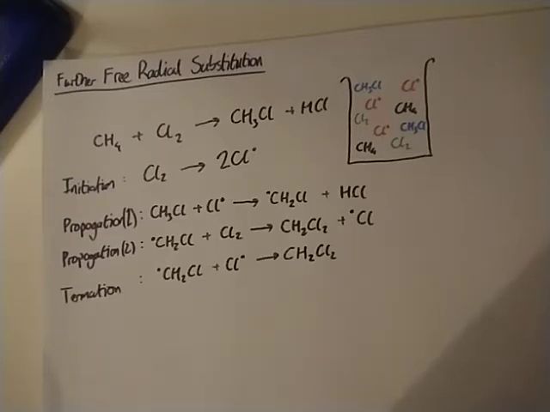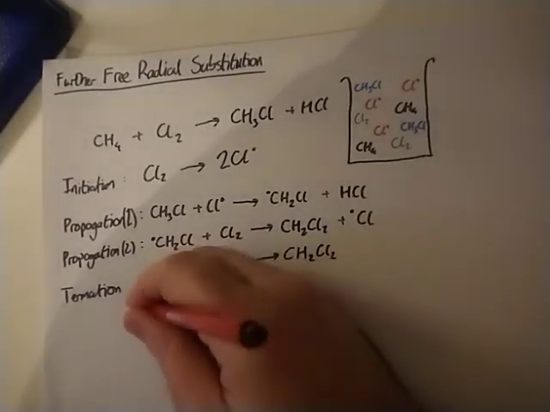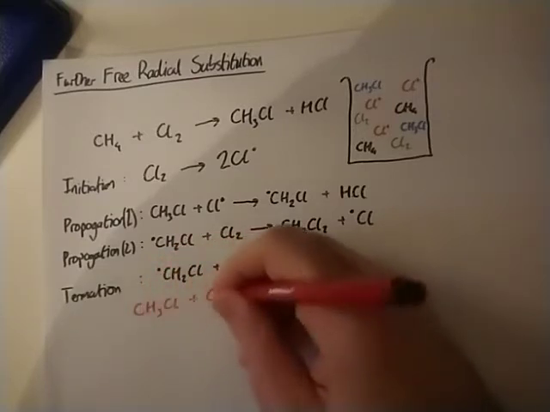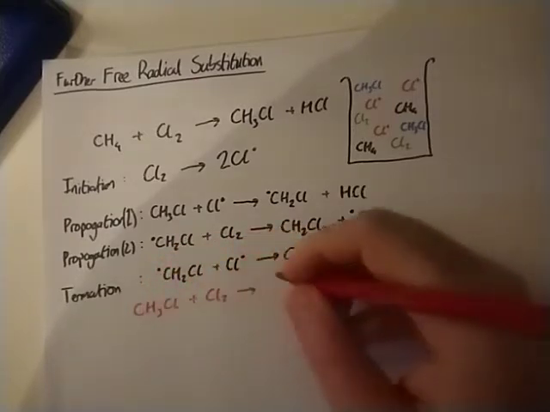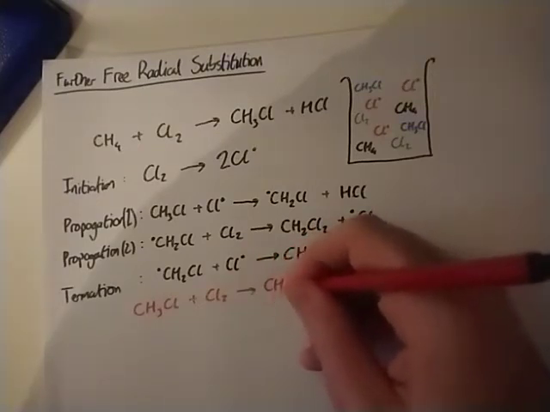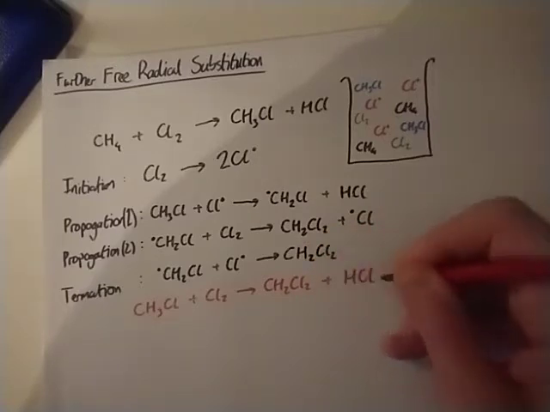So if we wanted to write that as a full chemical equation, it would be CH3Cl plus Cl2 goes to CH2Cl2 plus HCl.